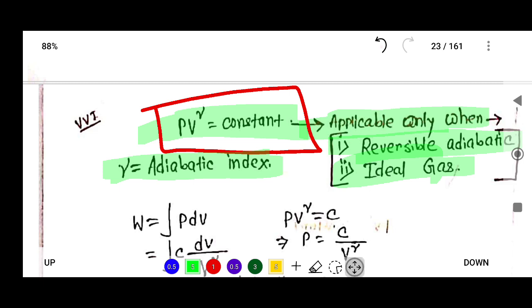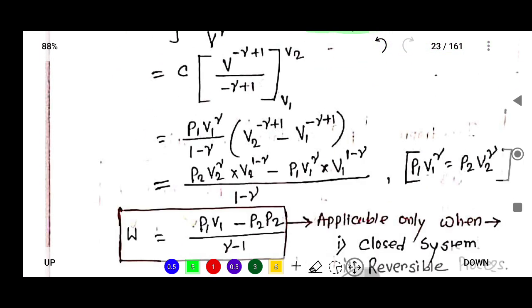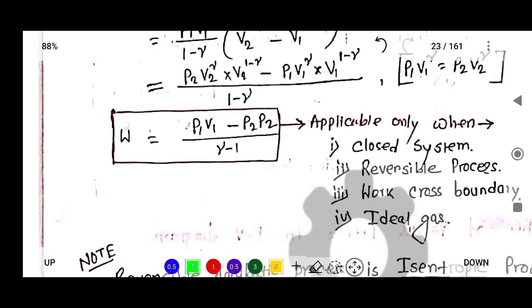If you want to calculate the work done, W equal to integration PdV. From PV to the power gamma equal to constant, P equals C by V to the power gamma. Put this value in P, so C by V to the power gamma dV.